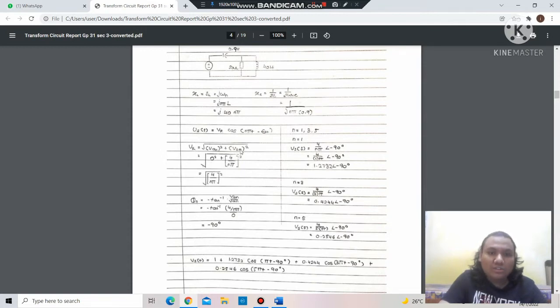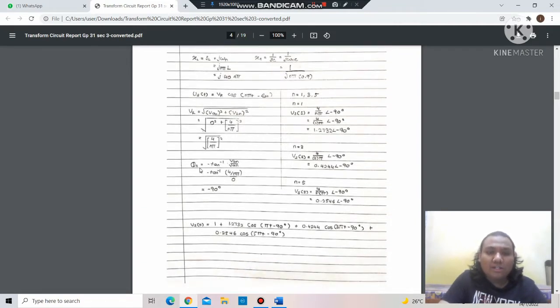VR uses this formula to get 4 over n pi. After that, delta is tangent inverse, the power of -1, multiplied by VBn over VAn, to get minus 90 degree.